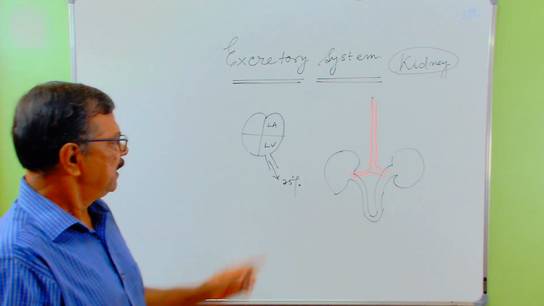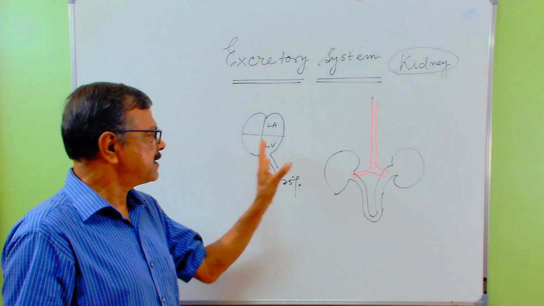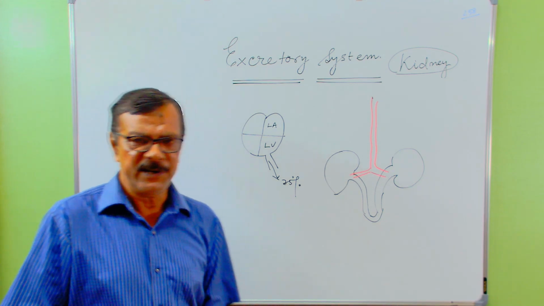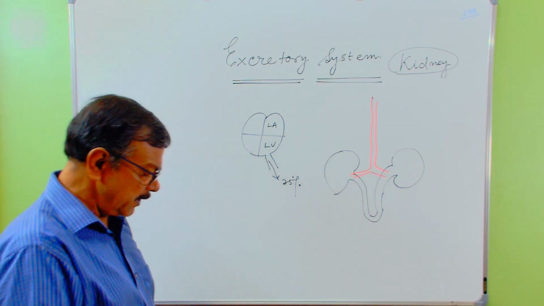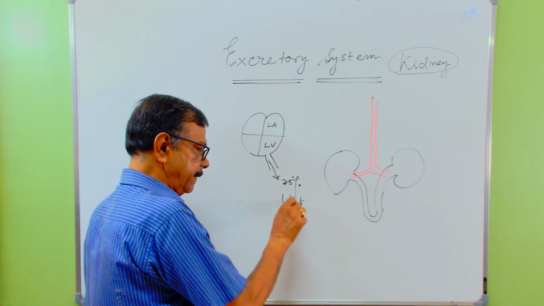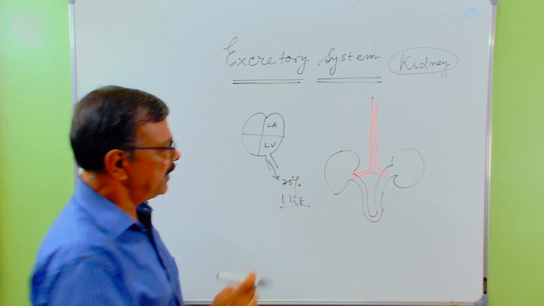Now, for the 25% of this left ventricular output, let us suppose that our blood is 4 liters. So 25% is 1 liter. So 1 liter of blood goes to 2 kidneys.